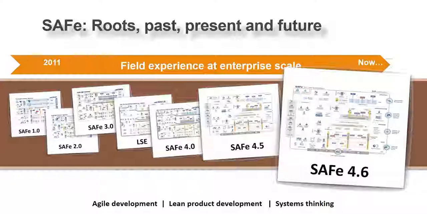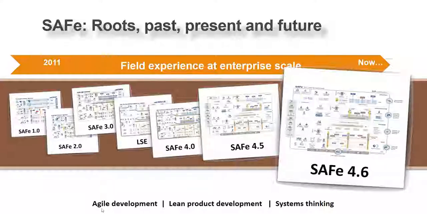So just a little historical data about it. It started in around the year 2011 with the 1.0 model and has evolved as we have gone year by year. Usually every year they release a new model or a new version, and Scaled Agile takes a lot of best practices from the industry and they have come up with their model on their own.